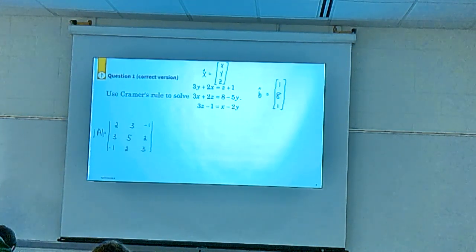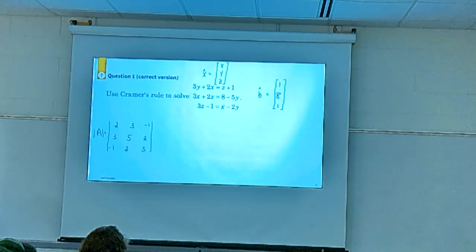So we just did a determinant by hand. Let's do this one using software. Calculator or Wolfram?